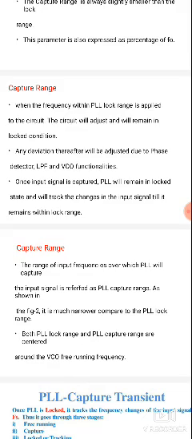Any deviation thereafter will be adjusted due to the phase detector, low pass filter and voltage controlled oscillator functionalities. So any deviation, first we can adjust into the lock range.